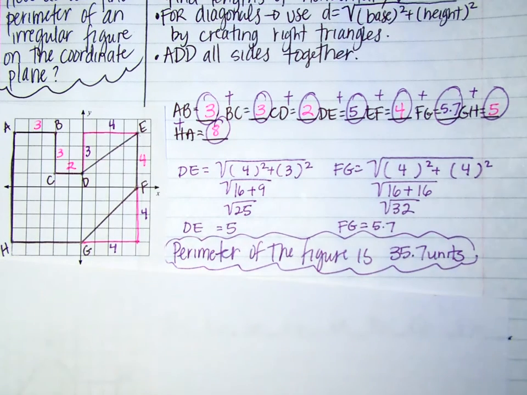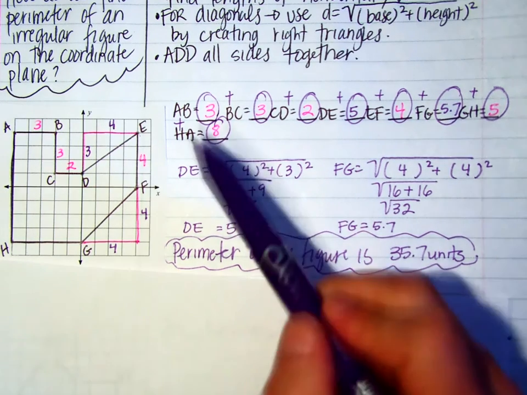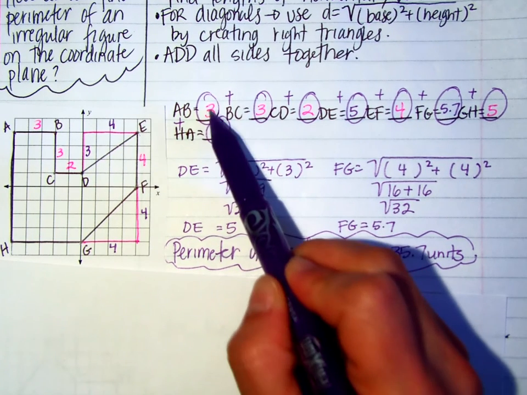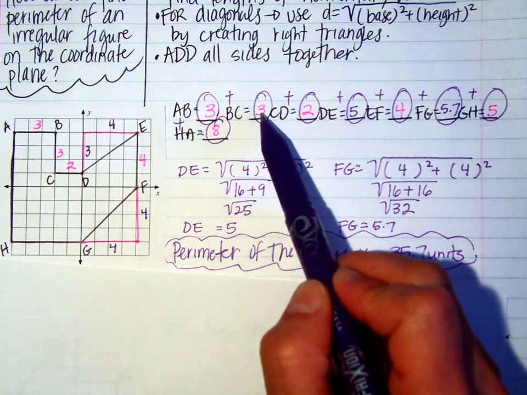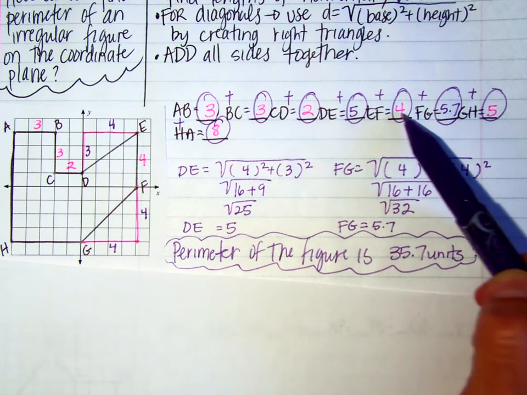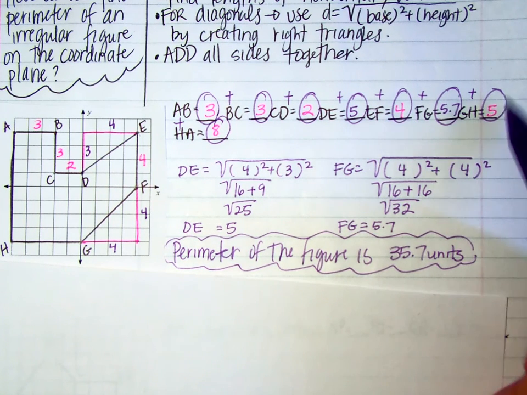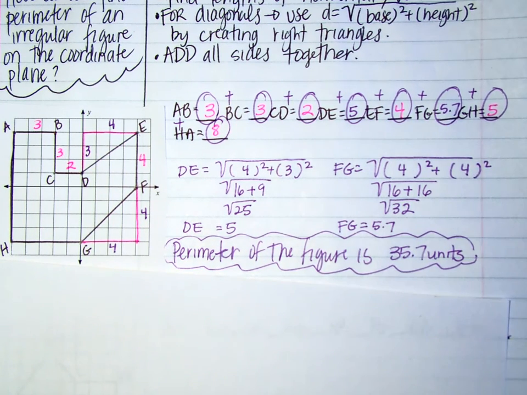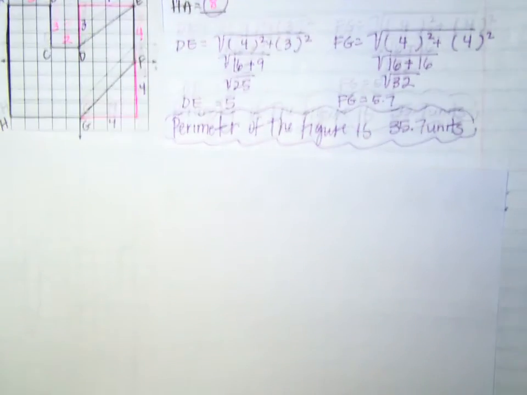Okay. Always verify your answers. So one more time, I'm going to just check. 8 plus 3 is 11. 11 plus 3 is 14, 16, 21, 25, 30, 35.7. So that's good. Okay. Now for the second one.